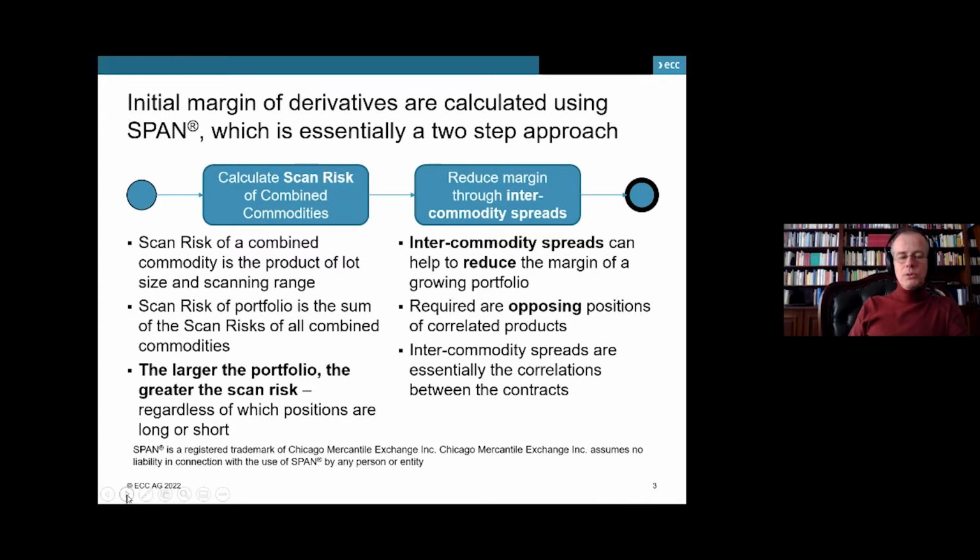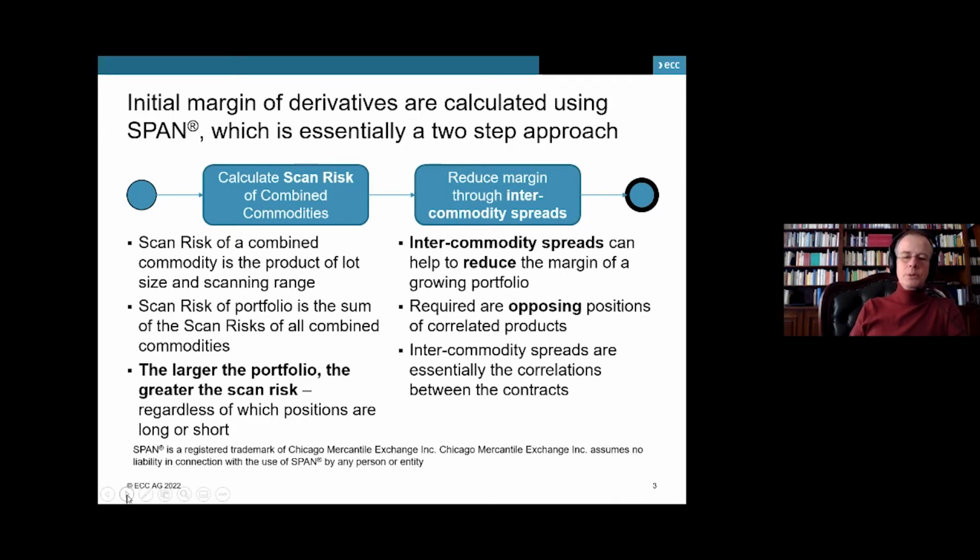If your portfolio is now increasing, you have not only one contract, but a couple of contracts, the scan risk of the whole portfolio is just the sum of the single scan risks of all contracts. So the larger the portfolio becomes, the greater the scan risk. It's all increasing. You can't do much about that. But there's some help. You can use the cross-margining to reduce the margin of a growing portfolio, the initial margin, to be more precise.